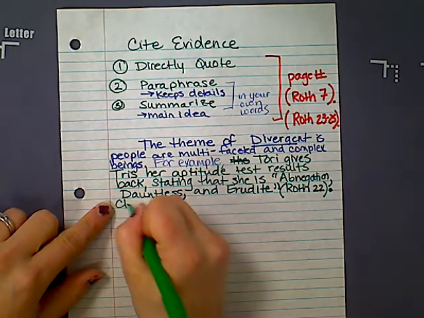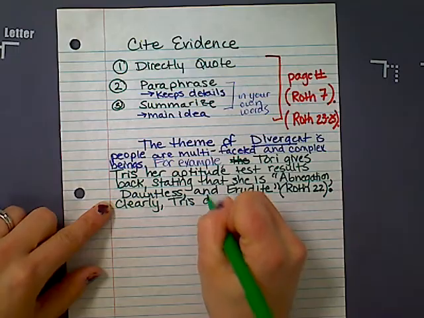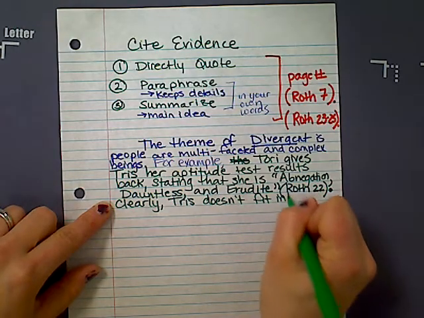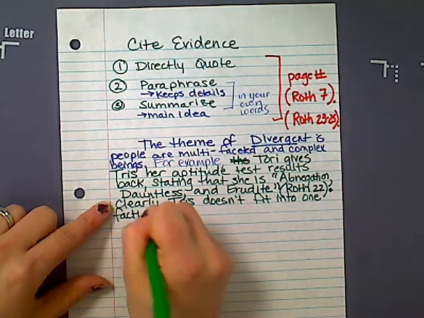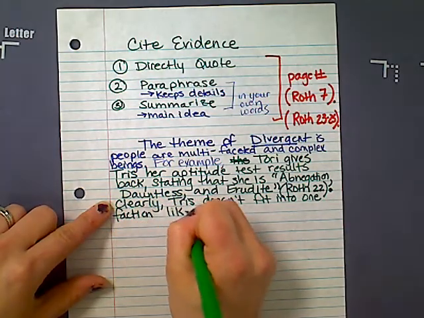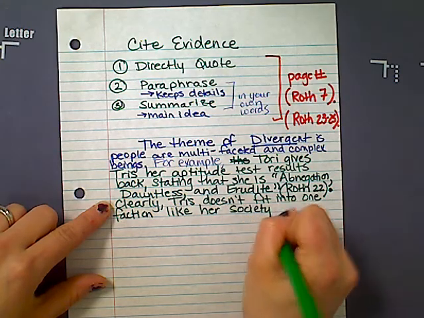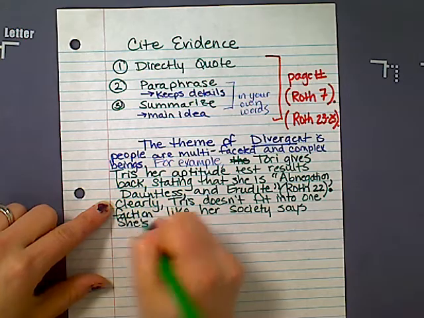So I could say clearly, comma, Tris doesn't fit into one faction like her society says she's supposed to.